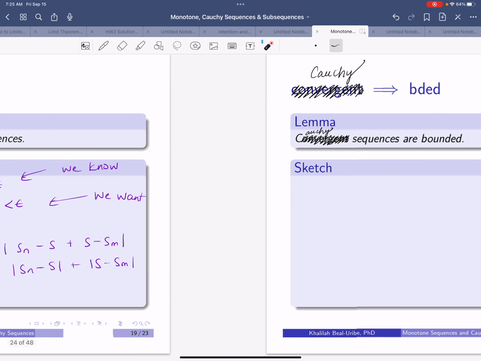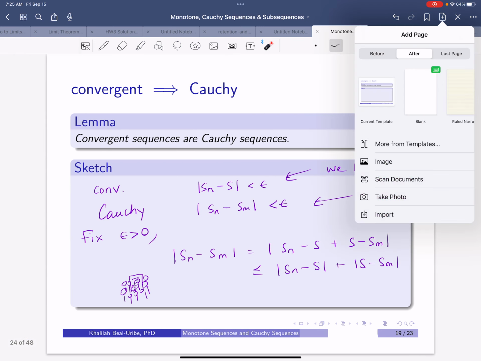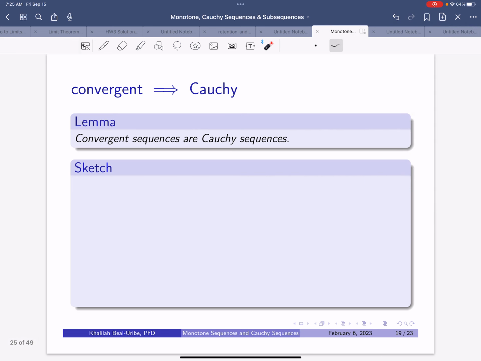Now we can do a formal proof right quick. So let's do a proof. Hypothesis: Sn is convergent. Claim: Sn is Cauchy.